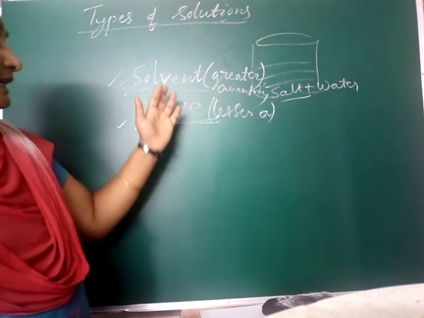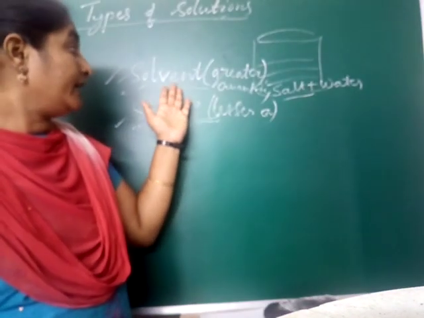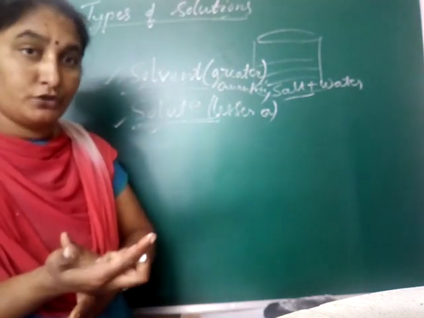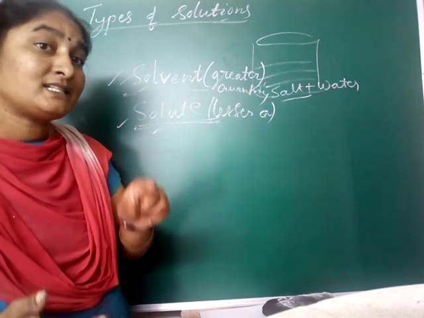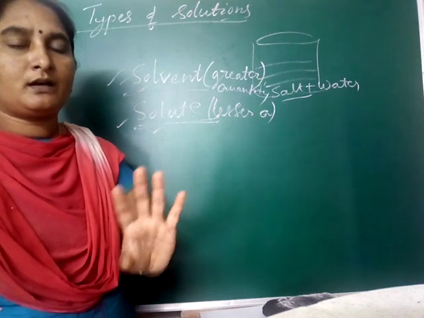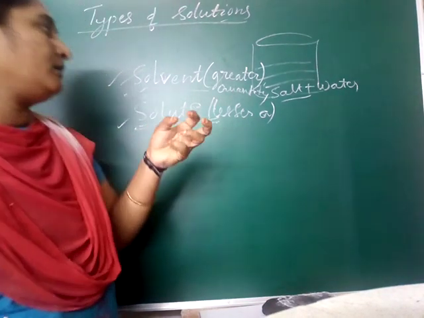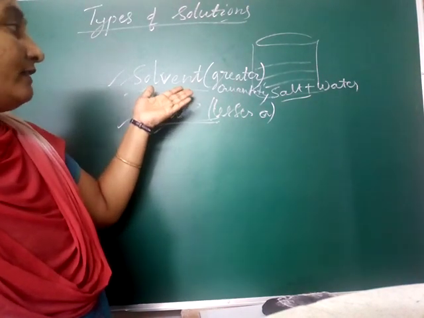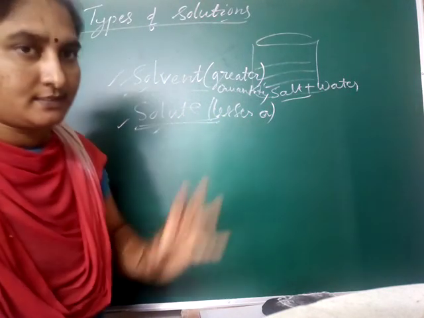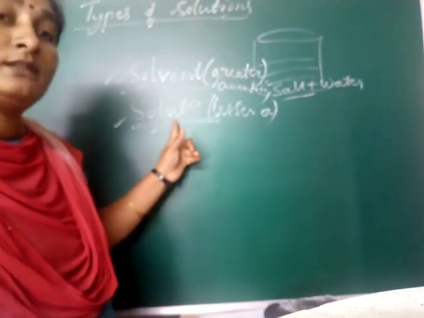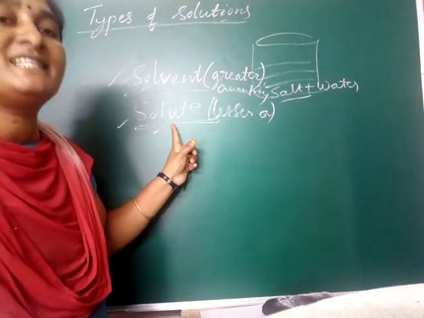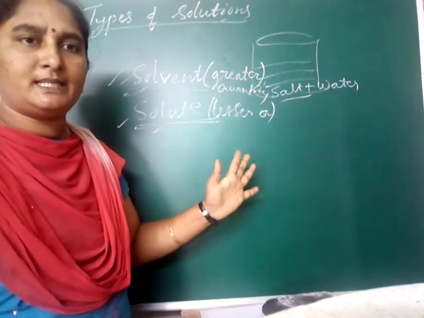Another point is that when you take a solvent and a solution forms, the characteristics of the solvent may not be changed, but the solute will be changed. That means it disappears. When you add solute to solvent, the solute disappears.